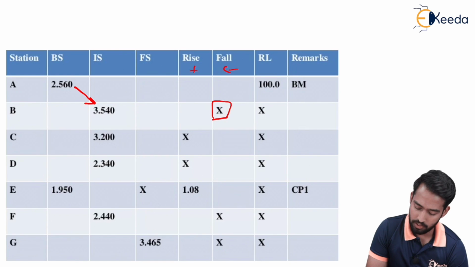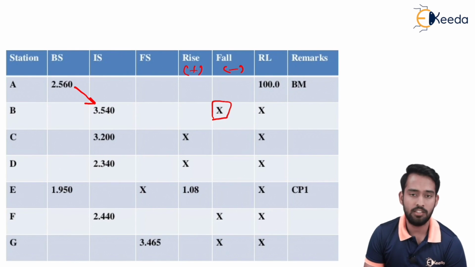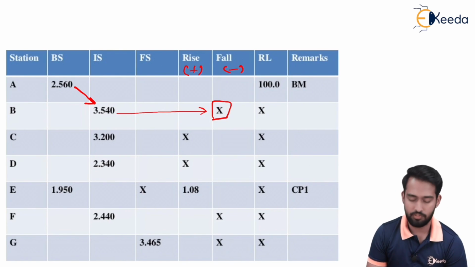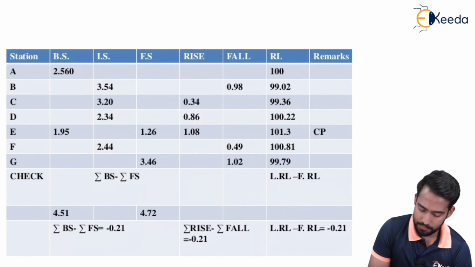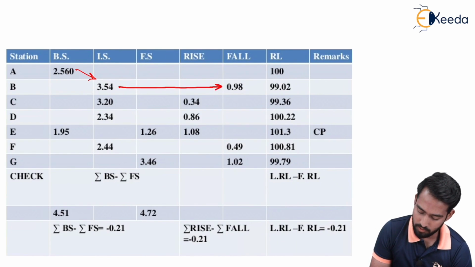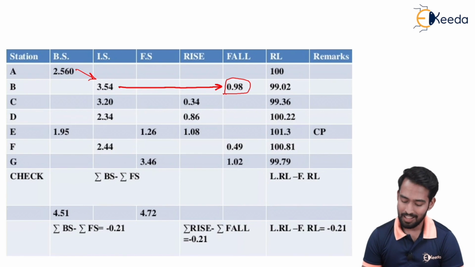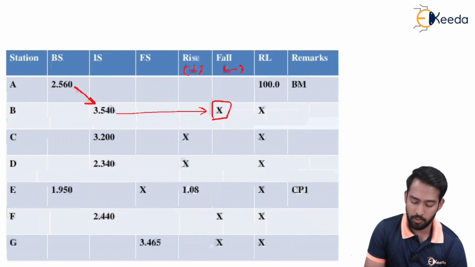If the answer is negative, then it is fall. So BS minus IS, the answer is negative, it will lie under fall. In the next slide, as we can see, BS minus IS answer is negative, so it is equal to 0.89.